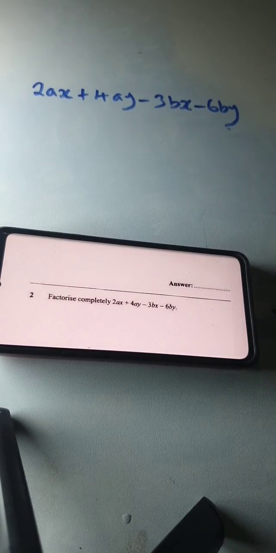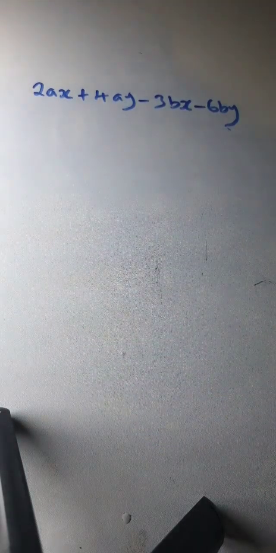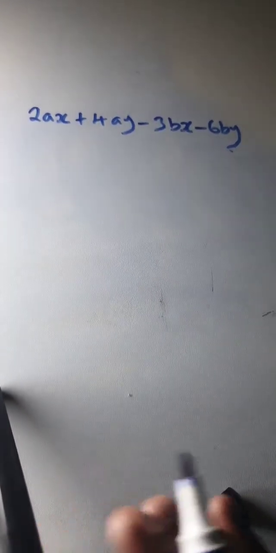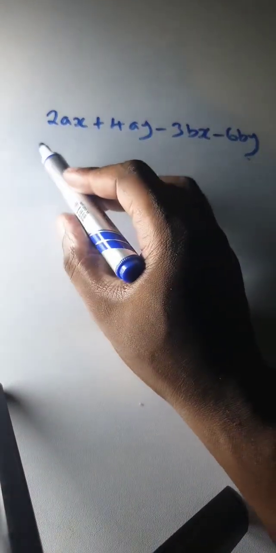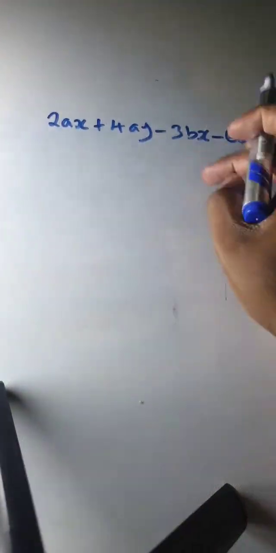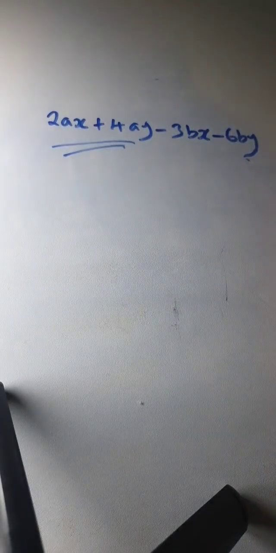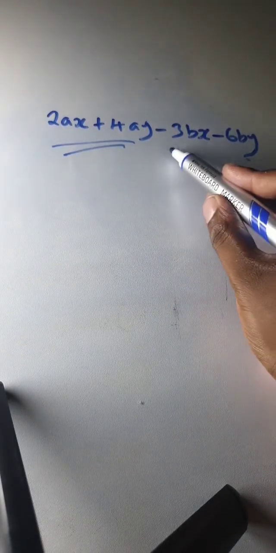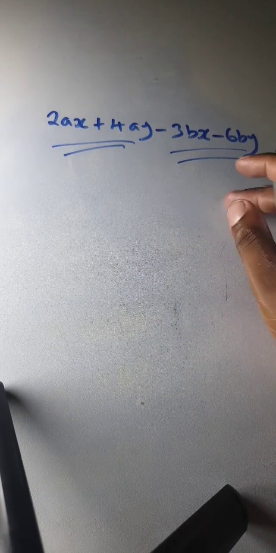You've seen that, right? So, ladies and gentlemen, what is common? When you're factorizing, you factor out in 2 parts, the first and then the second part. So in the first part, which number and variable is common?